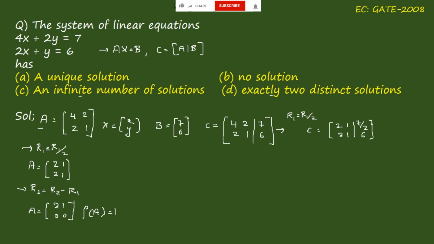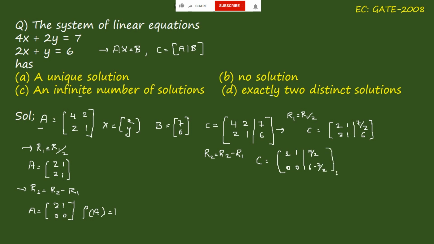Right. So again R2 is equal to R2 minus R1. Then C value would be changing to 2, 1, 7 by 2, 0, 0, and 6 minus 7 by 2.